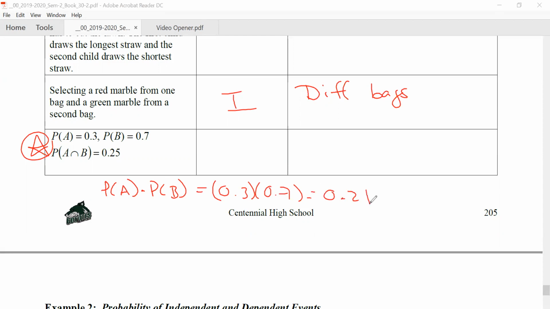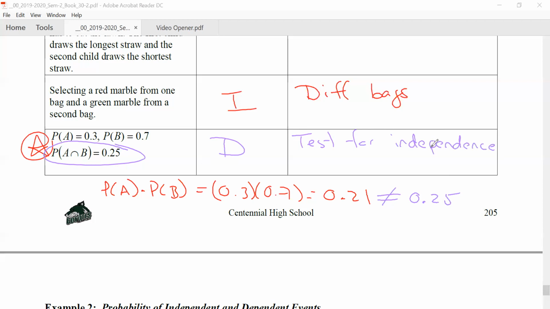But it says up here that it should be equal to 0.25, which it does not. So what this means is these are dependent events. This here is known as my test for independence, and we failed it.